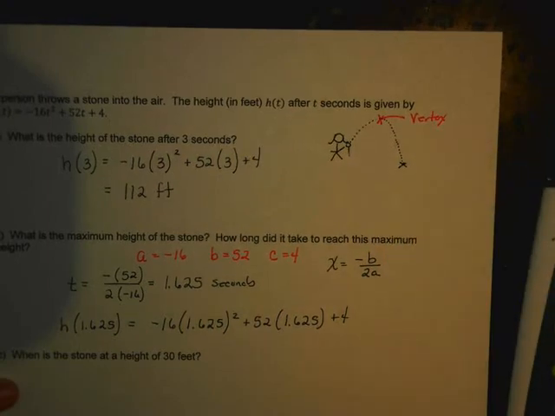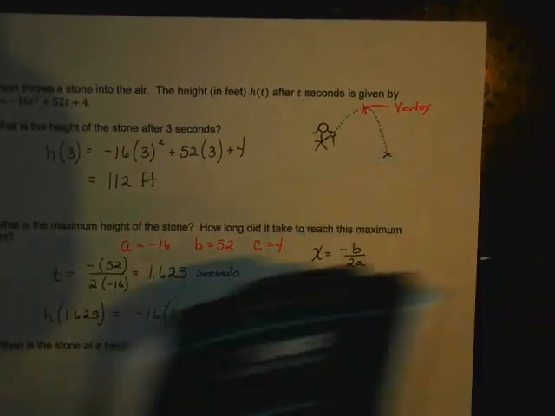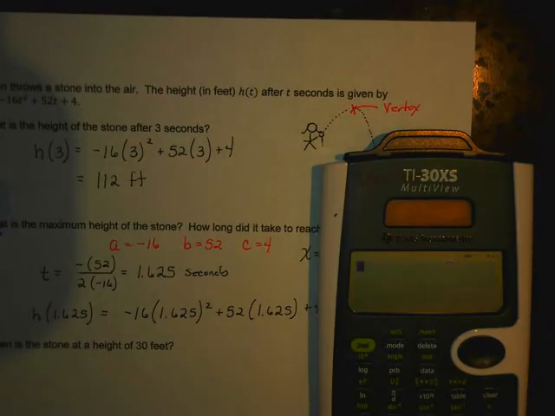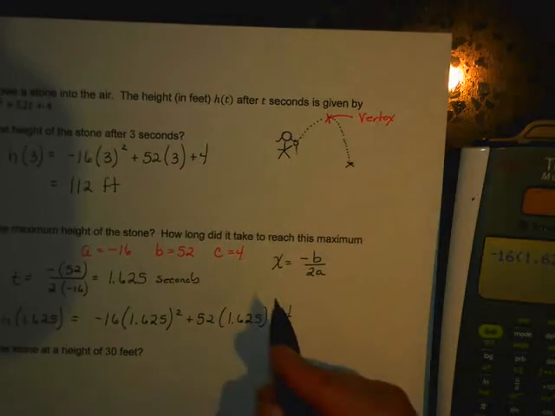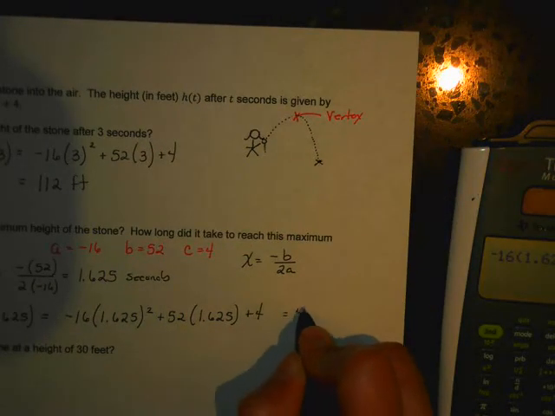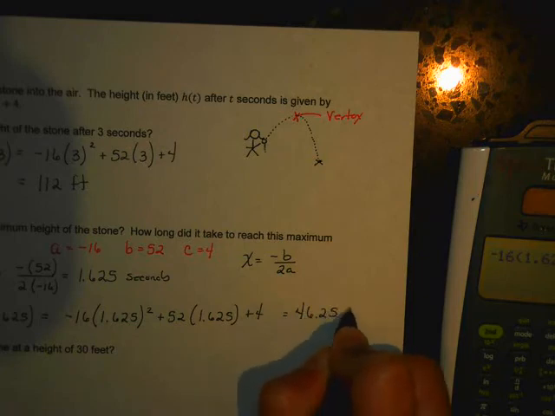I must have screwed up something upstairs. Let me do this one more time. You ready? So negative 16 times 1.625 squared plus 52 times 1.625 plus 4. All right, I'm standing by this one. I must have screwed up something upstairs. For 46.25 feet.